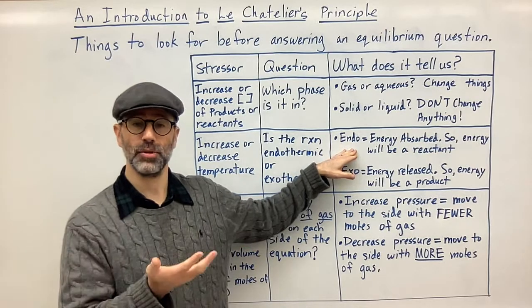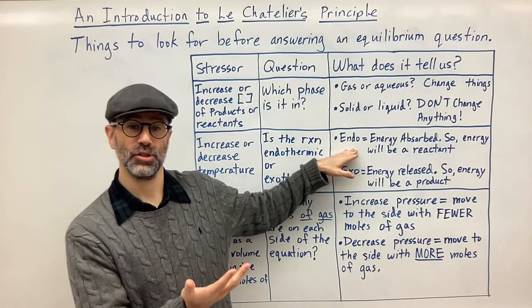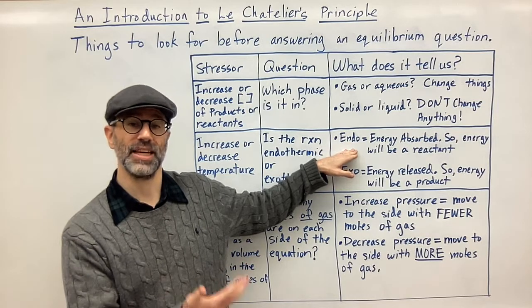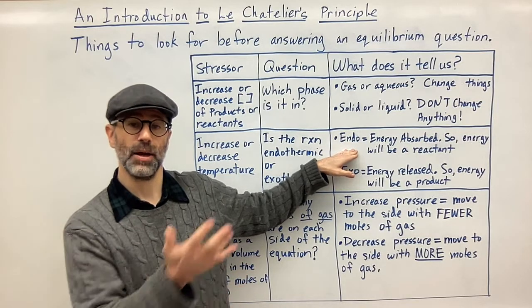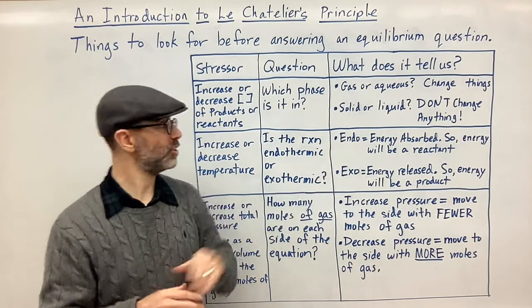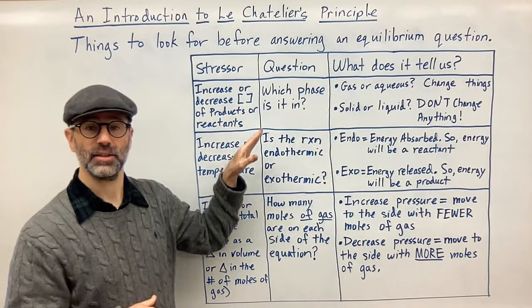And if you're raising temperature, well, how do you raise temperature? You're adding heat or energy to the system. And so if we think of the energy as a reactant on the reactant side, then we can treat it just like we would treat changes in concentration, right?